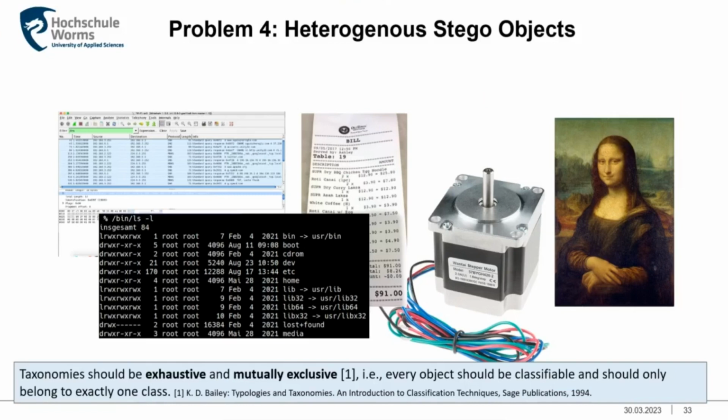But it's the case if you want to unify it. Just to give you one example, if you transfer an image over the network and that image or an audio stream carries secret information, from the network perspective, that's payload with secret messages in it.